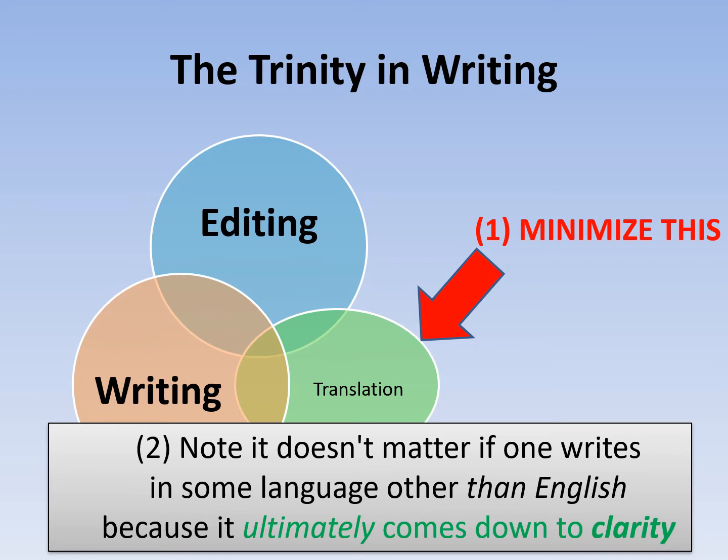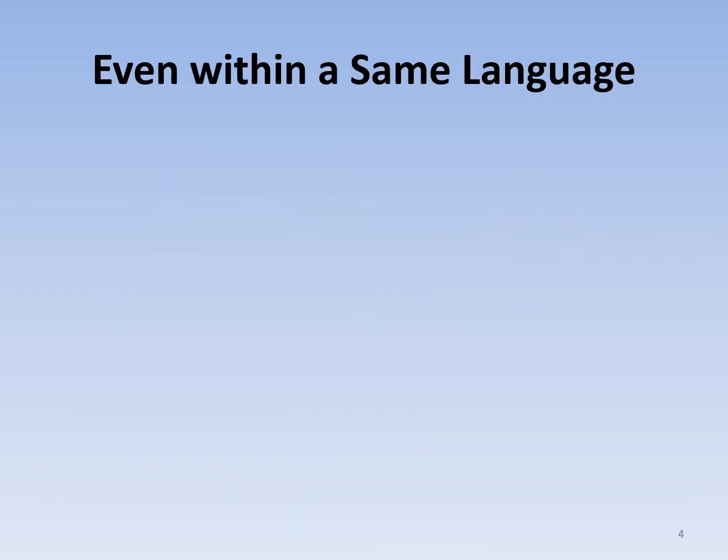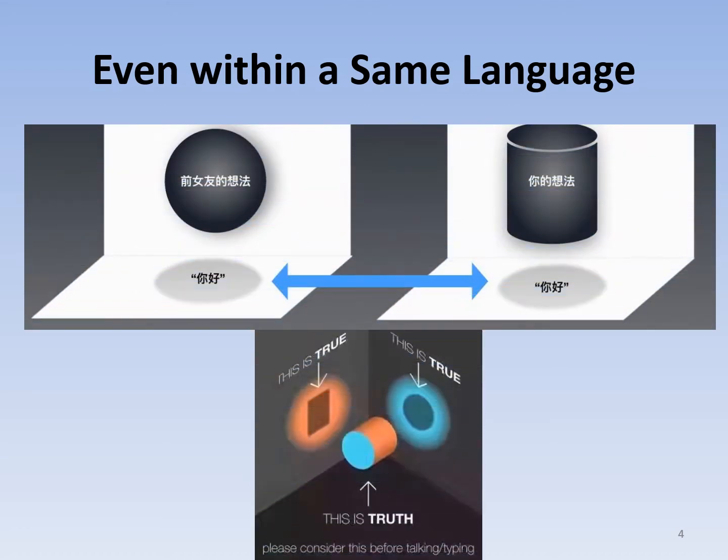And in fact, I've been talking about translation for the past minute or two. Actually, even when there is no translation involved, that is, within the same language, we sometimes get into these kinds of situations. And these two pictures are my favorites.